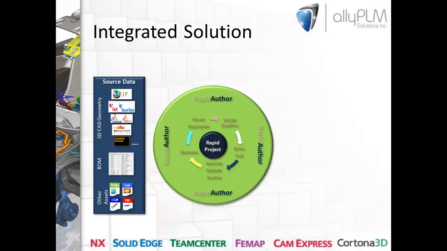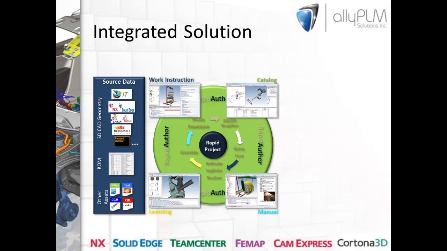During this importation process, Rapid Author optimizes the data by removing intellectual property. So we want to take away all the proprietary information so that our parts can't be reverse engineered, and we simplify the structure to create what's called a rapid project.